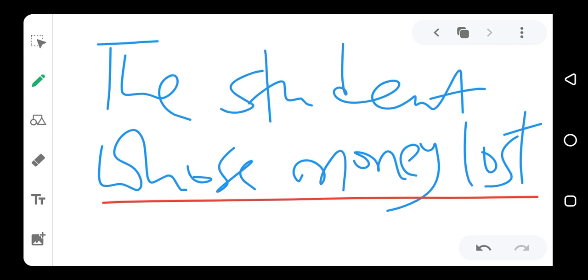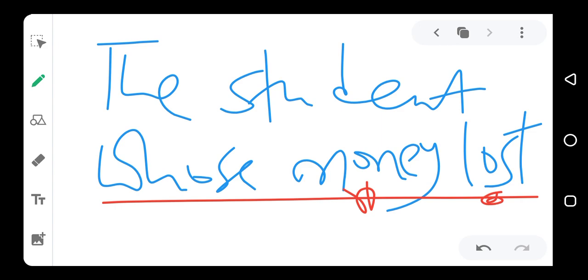Now again we ask ourselves, is this thing a phrase or a clause? It is a clause because it has a subject and it has a noun.